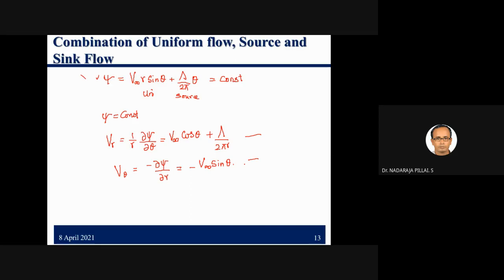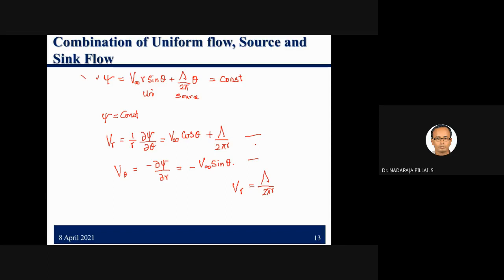So we already know the radial velocity from the source, right? The radial velocity from the source is lambda by 2 pi r. At the same point, we have a free stream velocity in the radial direction. We have already derived V infinity cos theta.